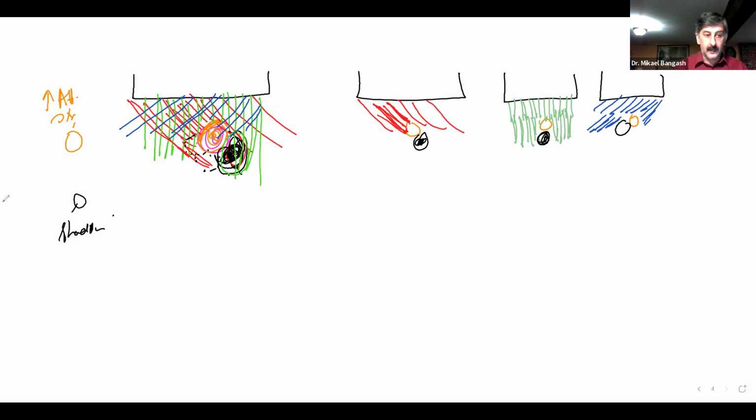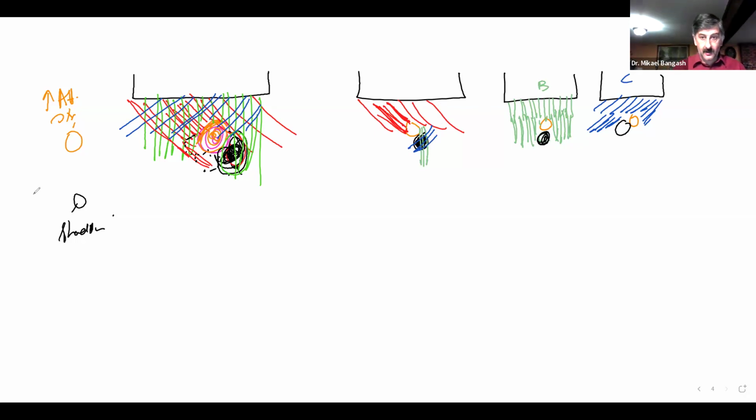But we can mainly say that this shadow here would have been neutralized by the sound waves coming from B and C. So yes, you will not have a shadow.